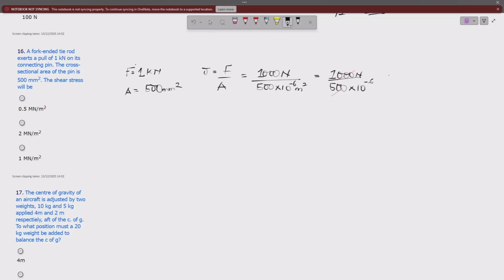So you're going to get 2 over 10 to the power minus 6, which can be rewritten as 2 times 10 to the power 6 newton per meter squared. And 10 to the power 6 is mega. So that will be 2 mega newton per meter squared.